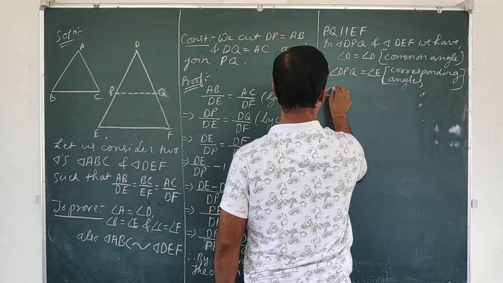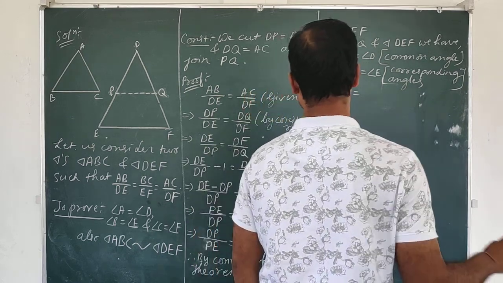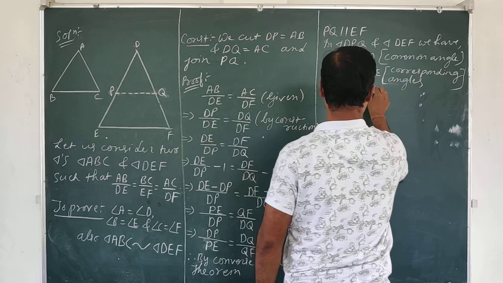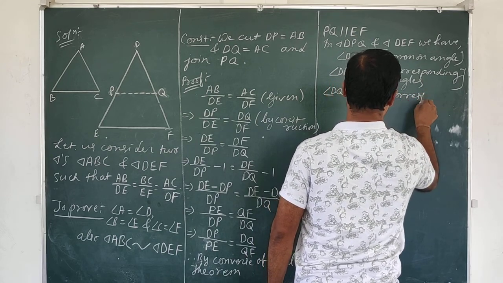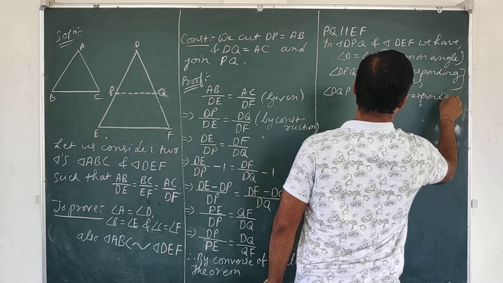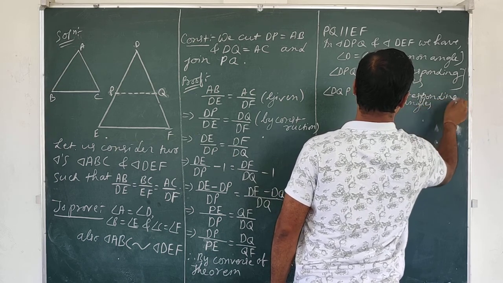Angle DQP is equal to angle F. These are also corresponding angles.